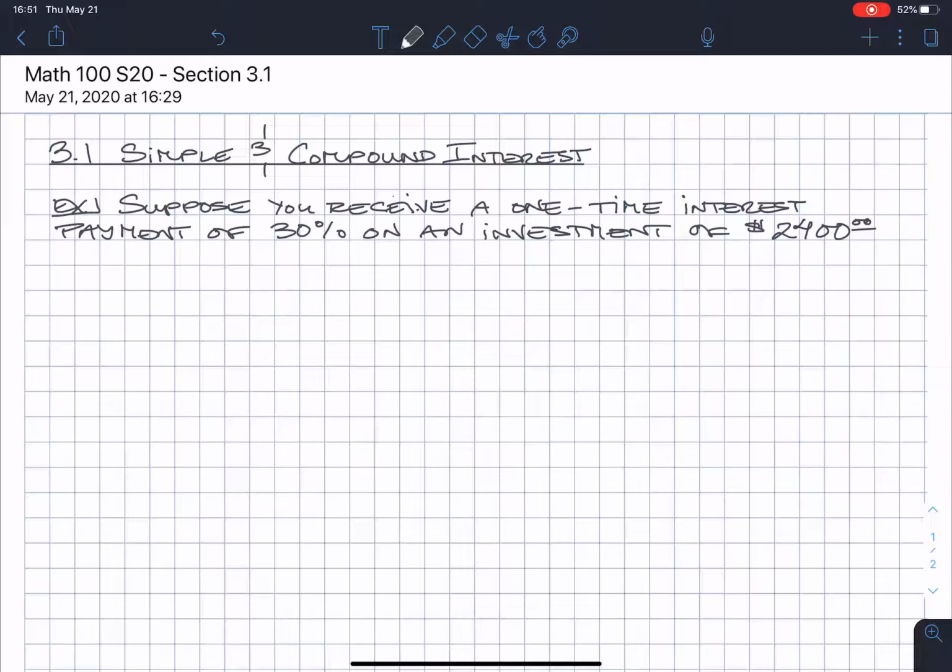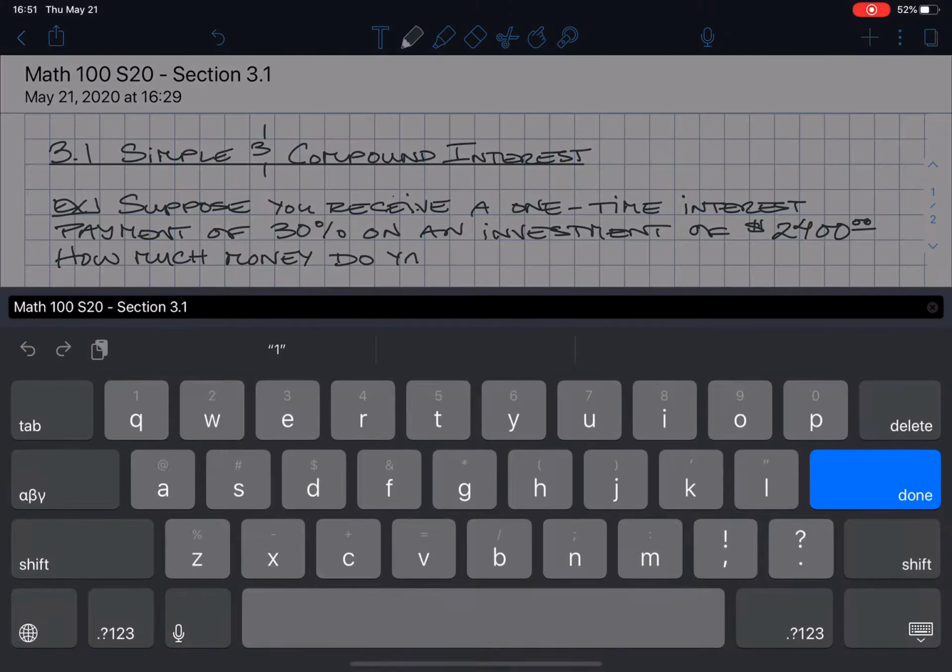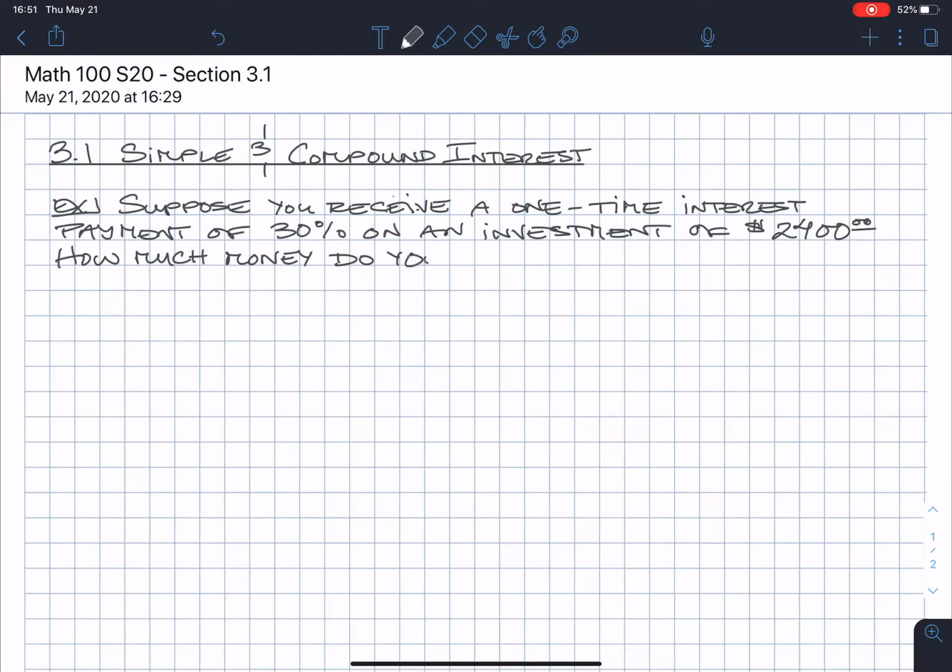So how much money do you have at the end? Okay, so the interest. So it's a one-time interest of 30%.